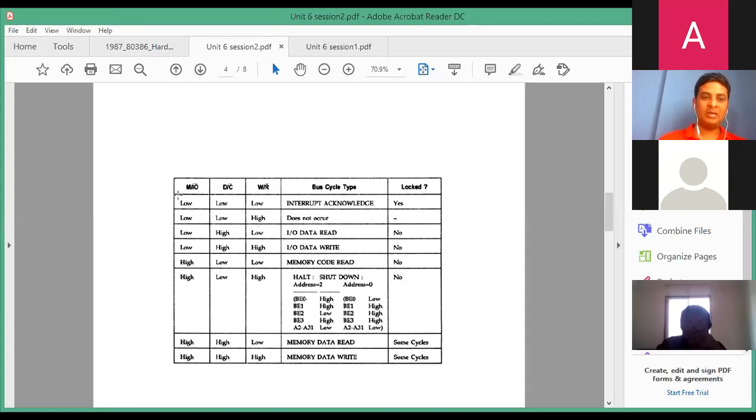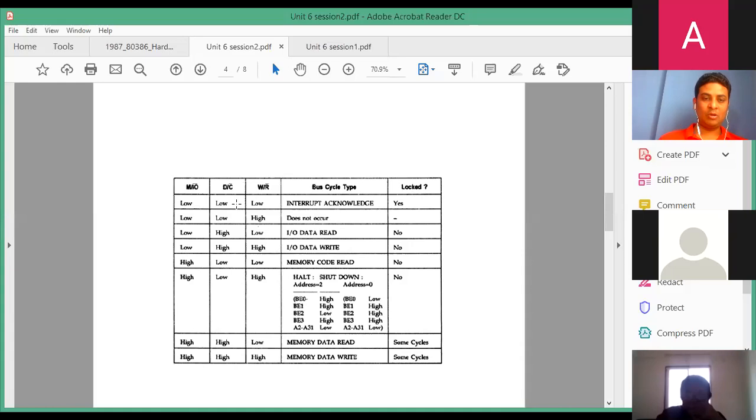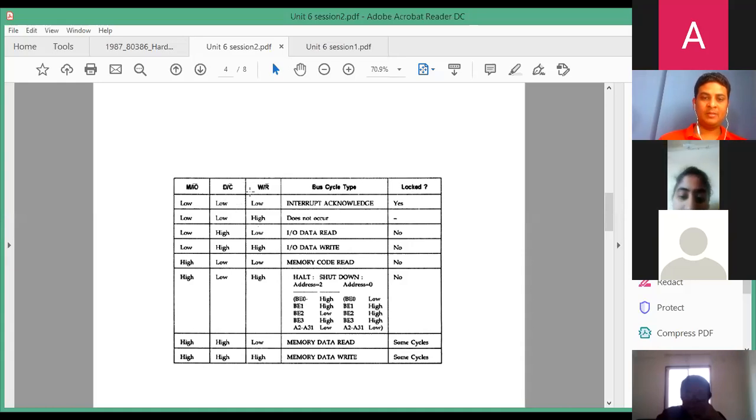So when the memory or IO pin is low, it means it is an interrupt and output operation, and the other pin is data or control. Again, control should be low. If all these are low, then the bus is locked, and the bus cycle is interrupt acknowledgement.